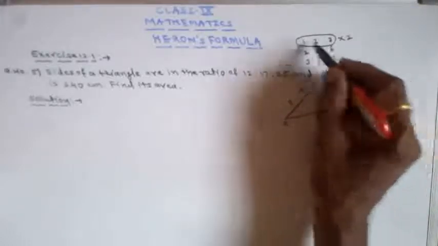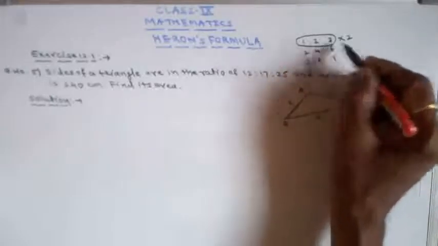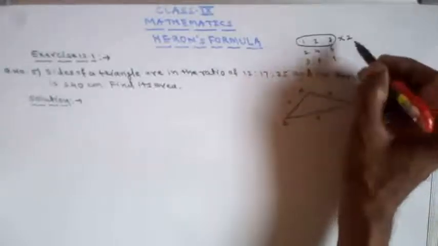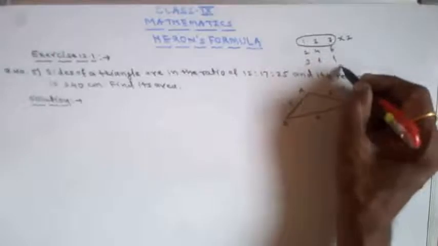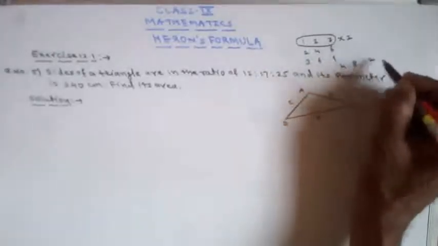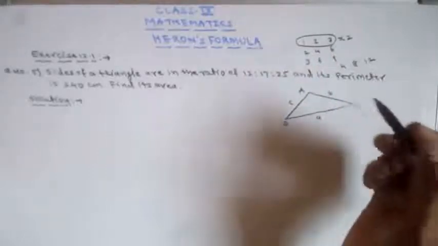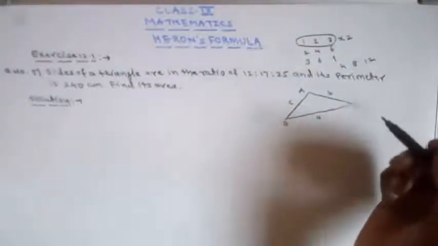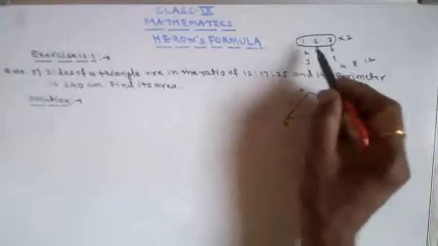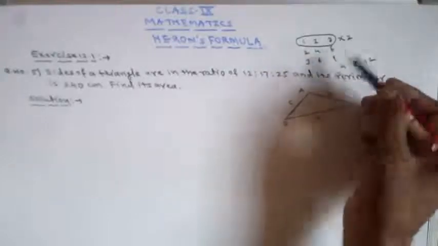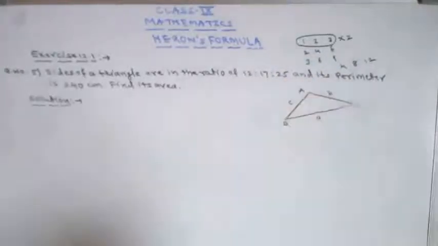These are also proportional with 1, 2, 3. If I multiply by 4, then I get 4, 8, 12. These are also proportional because there is one constant k. If we multiply the given three numbers by constant k, then the numbers formed are also proportional to the given numbers.